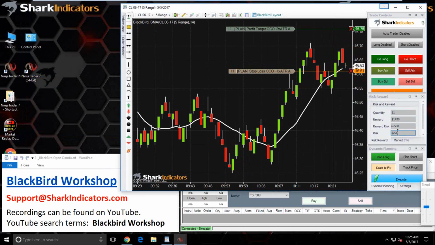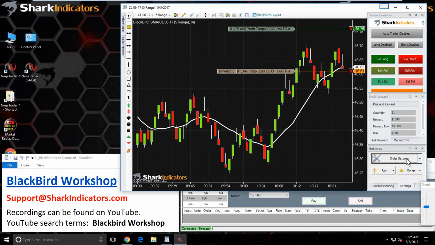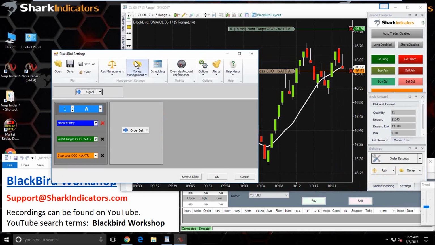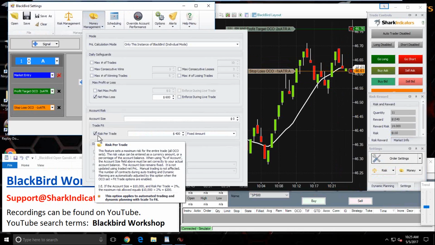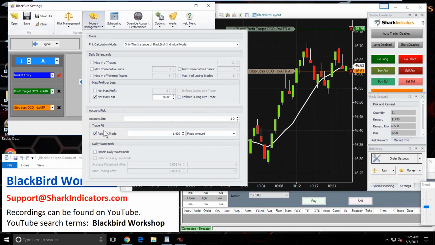Our risk is constantly being updated as the market moves towards or away from the stop loss. So the dynamic planner uses the risk per trade, which is designed to be used with discretionary trading.